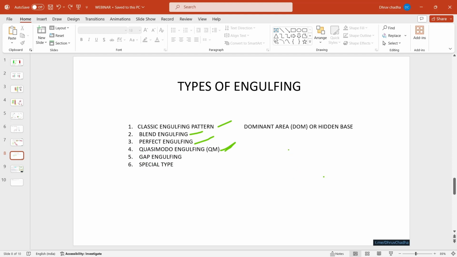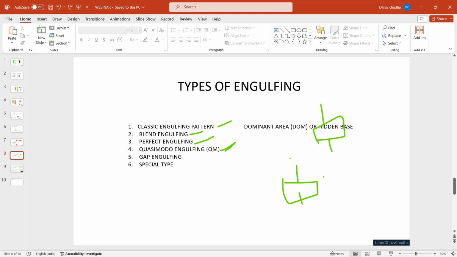Gap engulfing is simply like this. We have a bullish candlestick and this is the high, right? So another candlestick forms somewhere over here and it never touches the close of the previous candlestick. So this is simply a gap area.